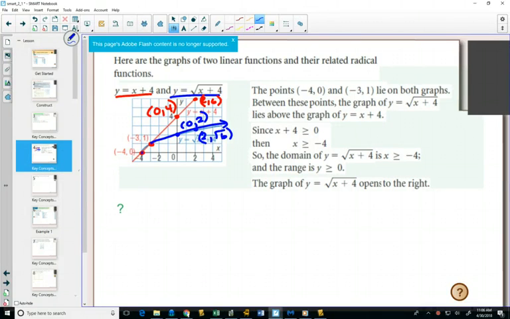And my blue graph is below my red graph. So when I'm talking about the blue graph being below the red graph, it's because when you compare y values, the blue's y values are lower than the red's y values.